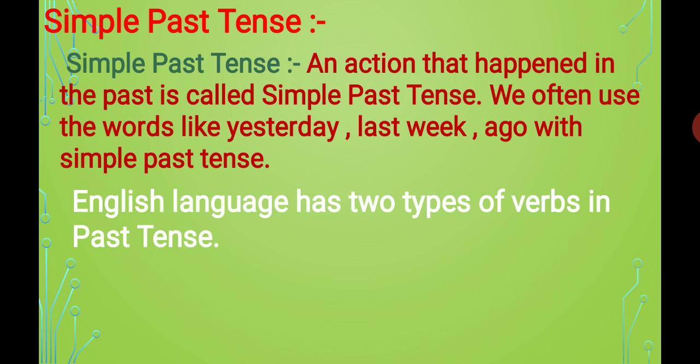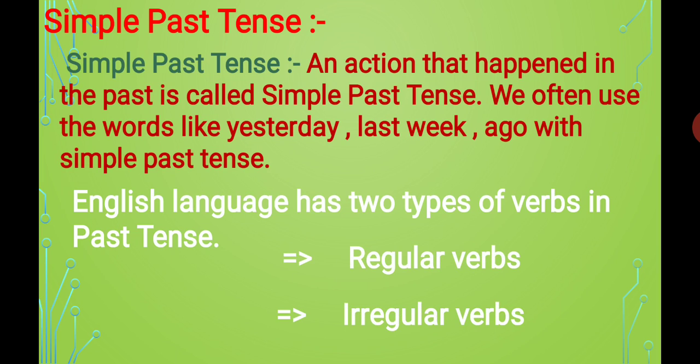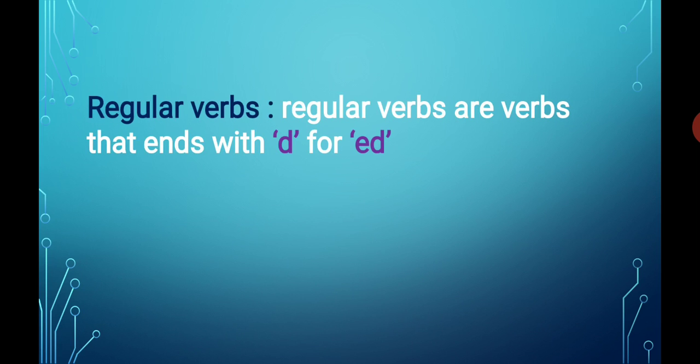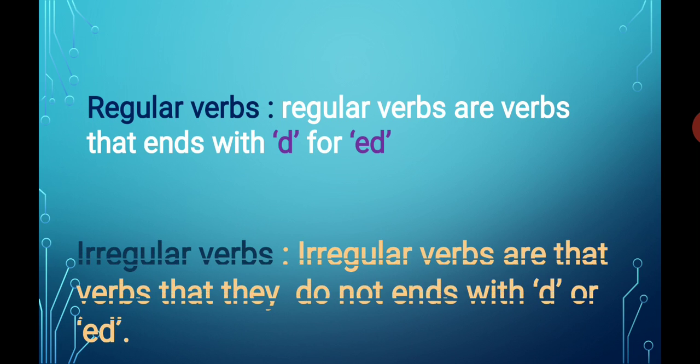In the English language, there are two types of verbs in the past tense, and they are regular verbs and irregular verbs. As we know, regular verbs are those verbs that end with D or ED. And irregular verbs do not end with D or ED.